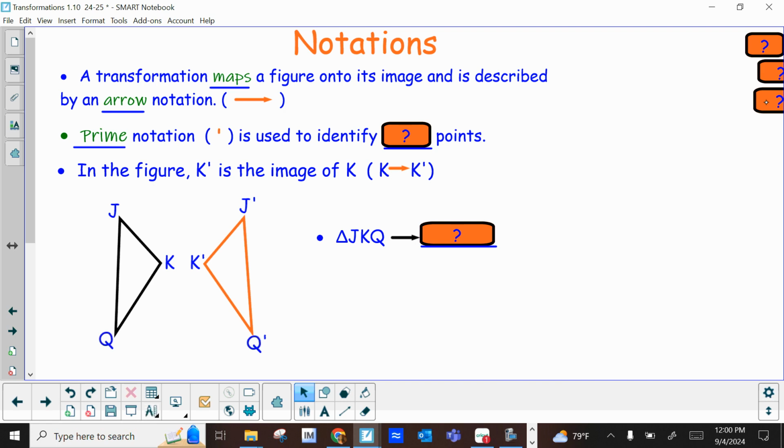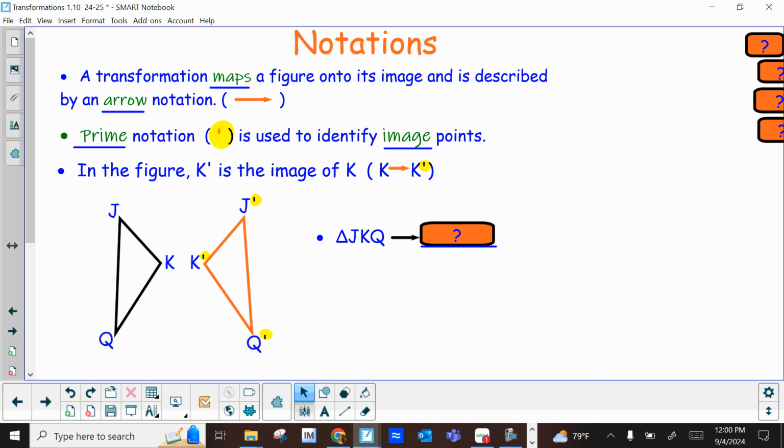Prime notation is an apostrophe right here. You see that apostrophe, this apostrophe. So that's J prime, K prime, Q prime, okay? So you use the word prime, and that's used to identify the image points, okay? The image points, so that's the image.